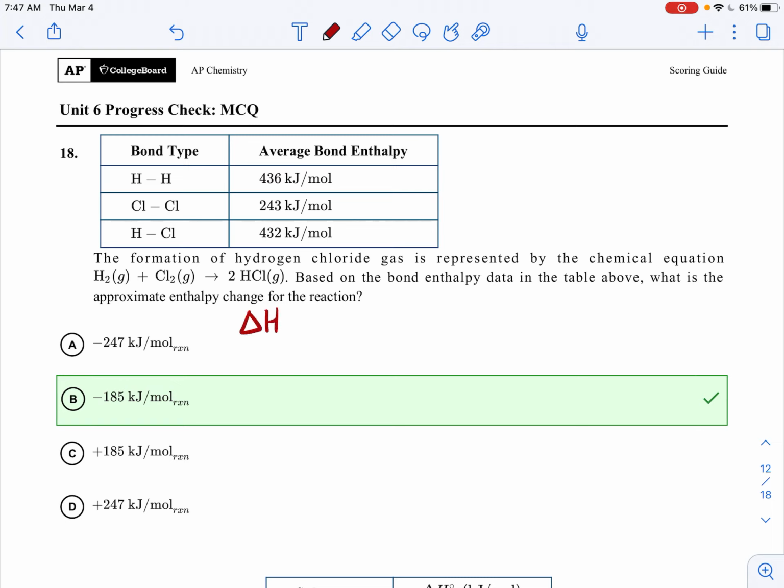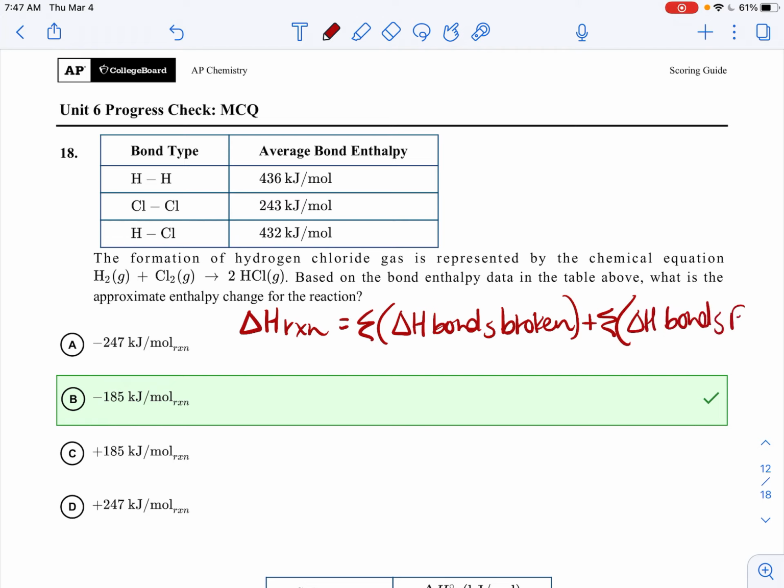So delta H of a reaction, for bond enthalpy, is going to be the sum of the delta H's of the bonds broken plus the sum of the delta H of the bonds formed, okay? Now, in this case, we want to make sure that our bonds broken are positive and our bonds formed are negative.